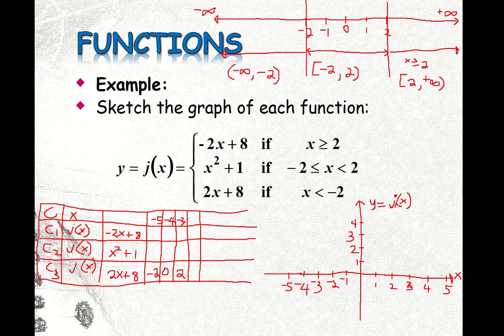Then for x equal to minus 2, 2 times negative 2 is minus 4 plus 8, so positive 4.